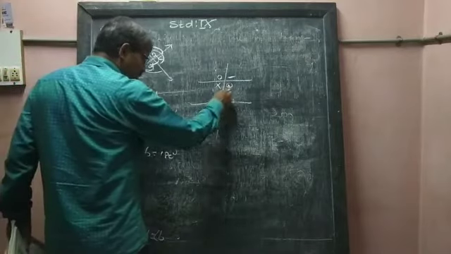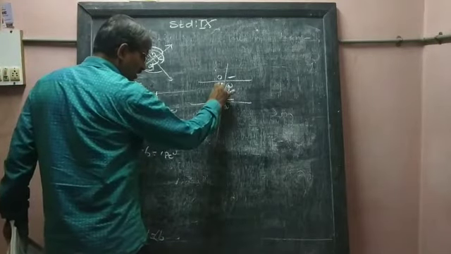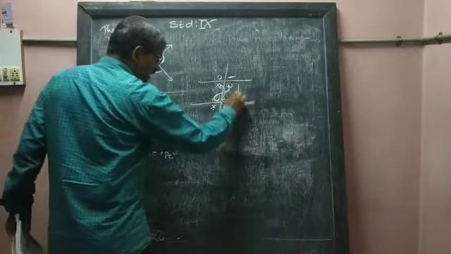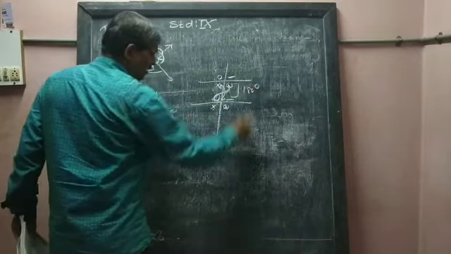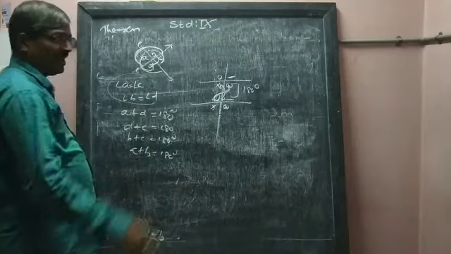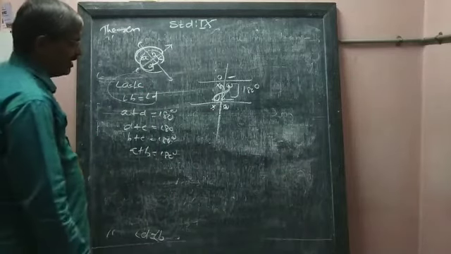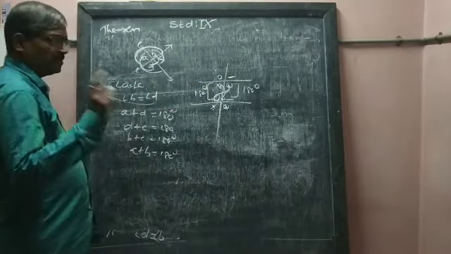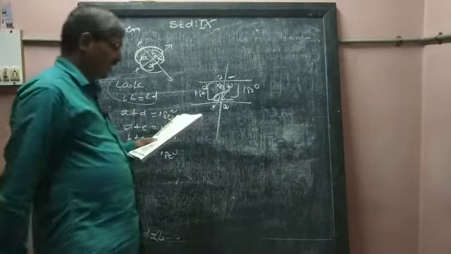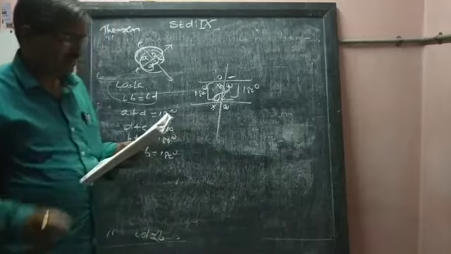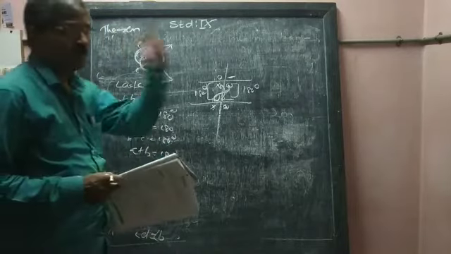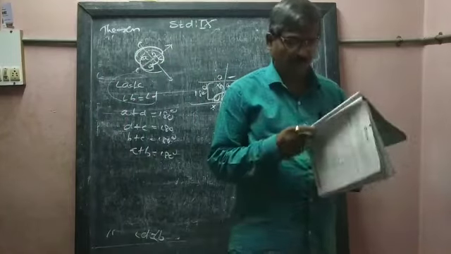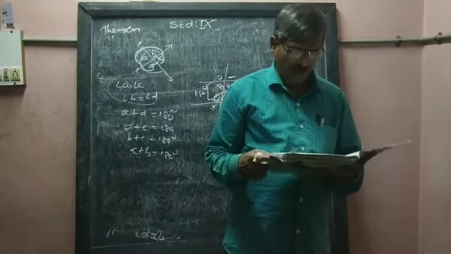Similarly, if one pair of alternate angles is congruent, then the other pair of alternate angles is congruent. If on one side the sum of interior angles is 180 degrees, then on the other side also the sum of the pair of interior angles is 180 degrees, or supplementary. So from page number 13 and 14, I have explained this.